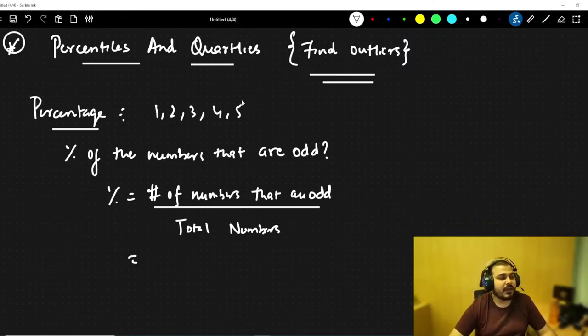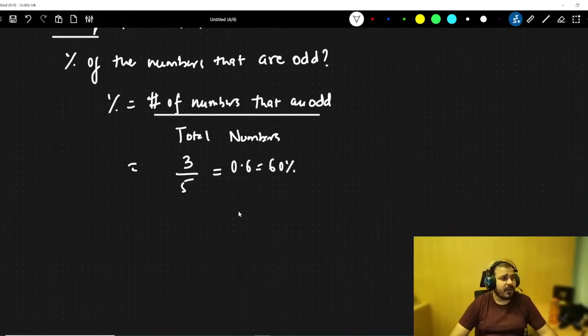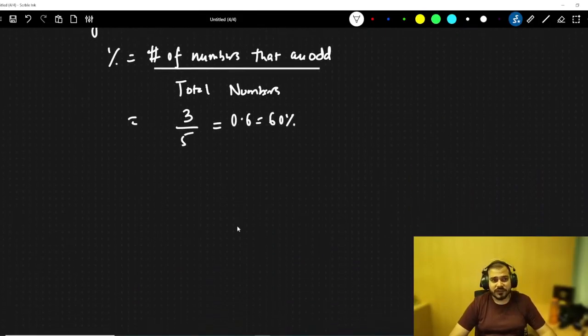If I calculate how many numbers are odd, 1, 2, 3, so 3 divided by 5 is 0.6, which is 60 percent. Very simple. This is how we calculate percentage, and I hope everybody knows this.